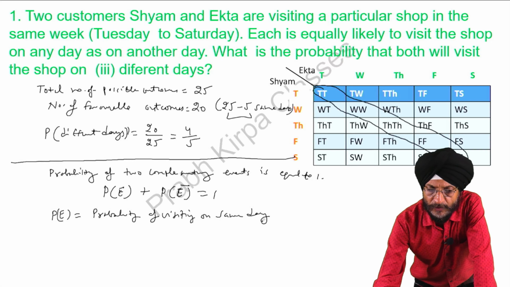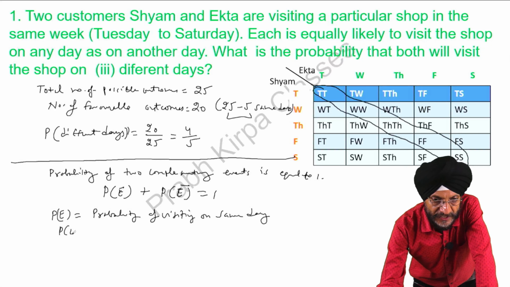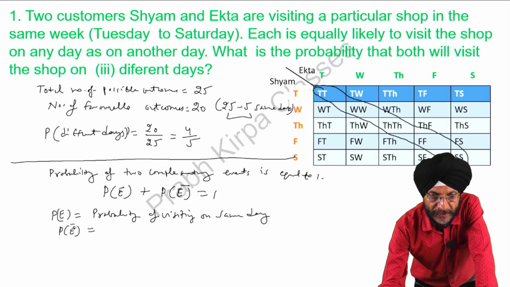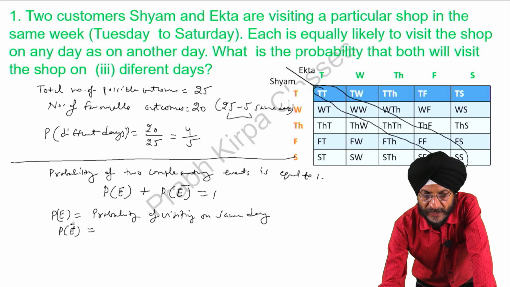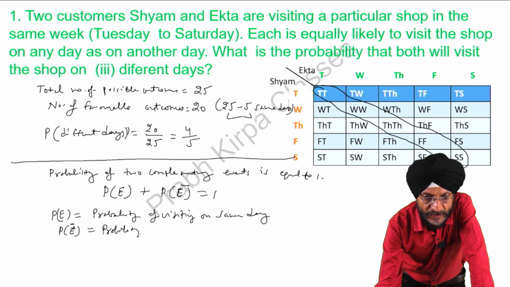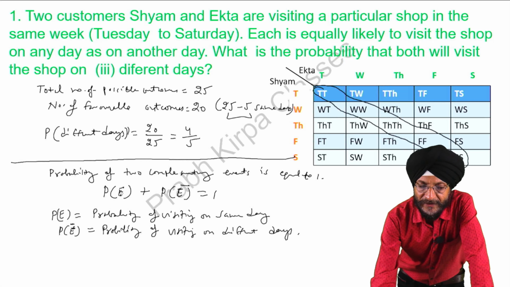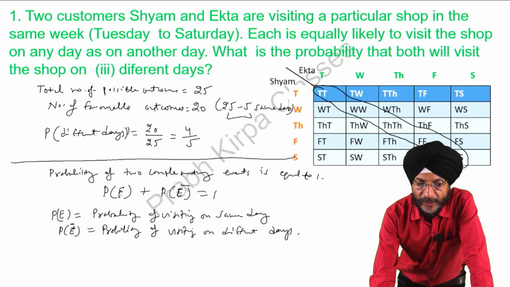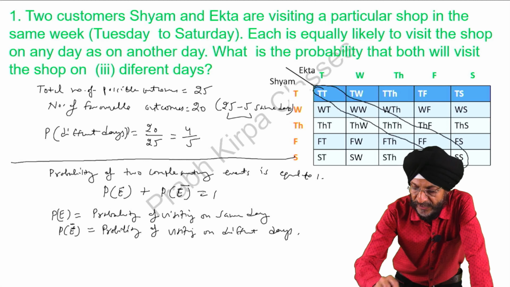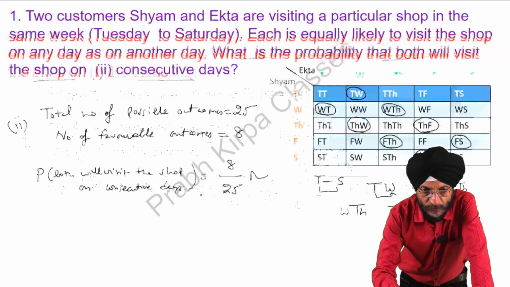If they are not visiting on the same day, it means that they are visiting on different days. We can write it as P of visiting on different days. We have already calculated that the probability of visiting on the same day was 1 over 5.